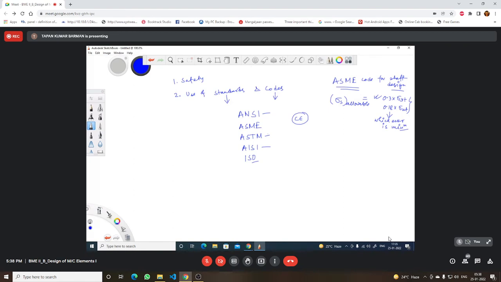Interchangeability is one good parameter when you are making one component, one design. Also, reliability and quality of the products can be improved when you standardize the things. Is it clear to you?